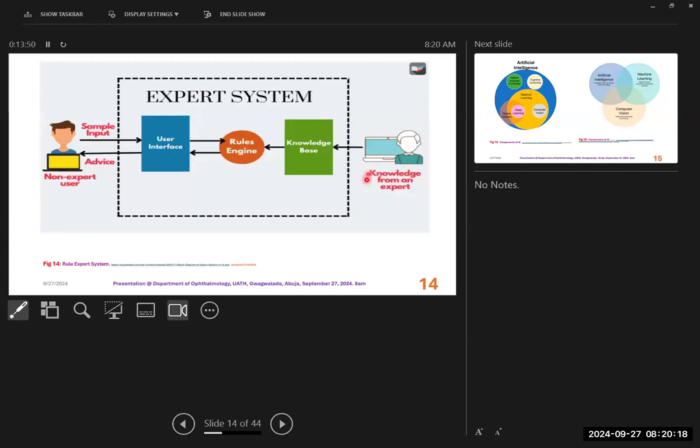You have the expert here, so the information from experts is inputted. You have the knowledge base, that's what we call the rules engine, where that information is processed. Then the user interface, then this is the user, who is a non-expert.